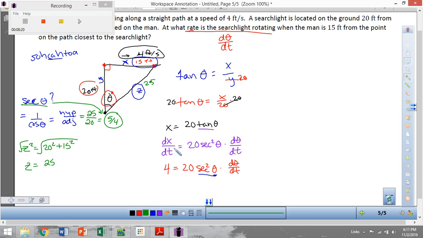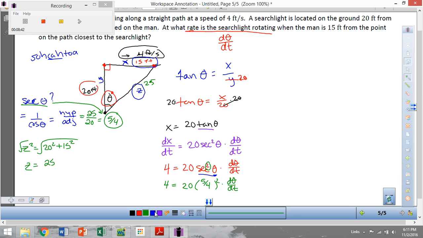Secant theta is 5/4. And remember, this square just means I'm squaring that whole thing. So I'm going to say 4 equals 20 times 5/4, that's secant theta, squared, because of this, times d theta dt.